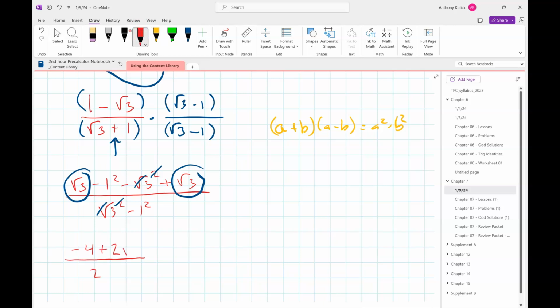That gives me 2 root 3s. And I notice that, hey, everything in there is divisible by 2. So if I break that up into 2 fractions with a common denominator, the first one reduces to negative 2, and the second one reduces to root 3. And that ought to do it.